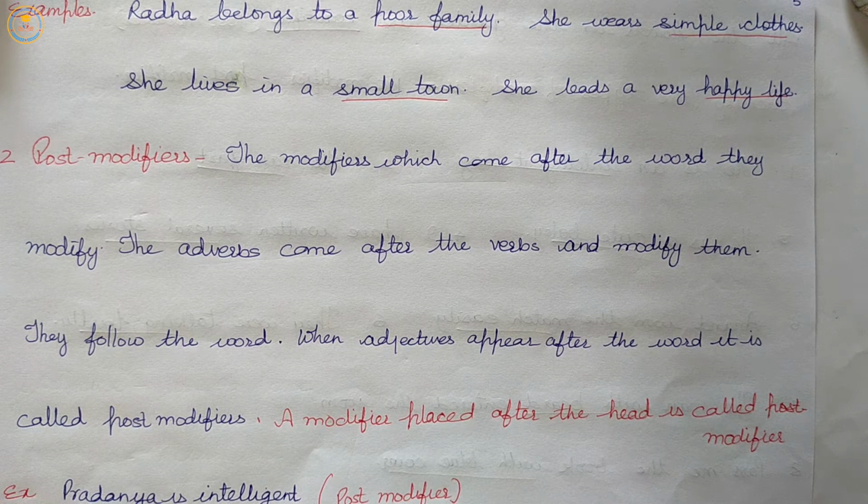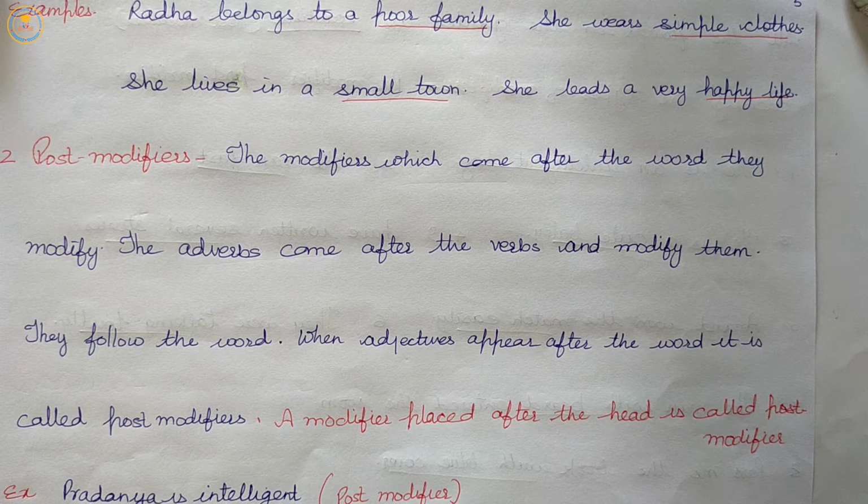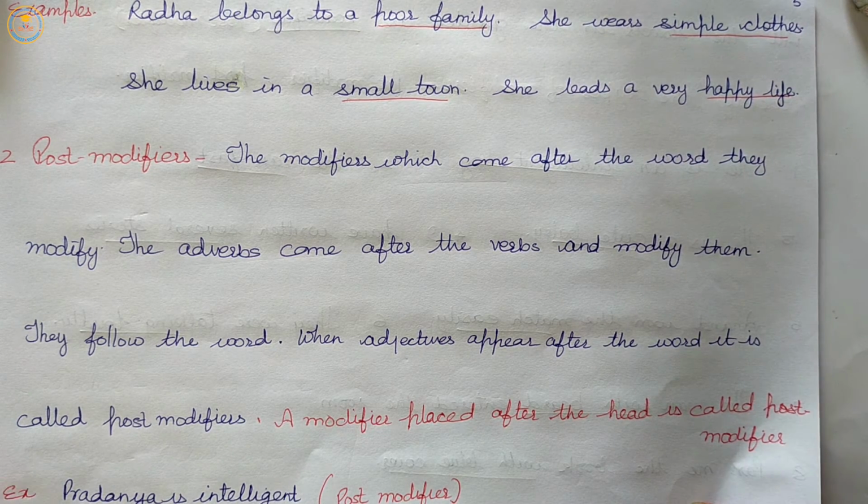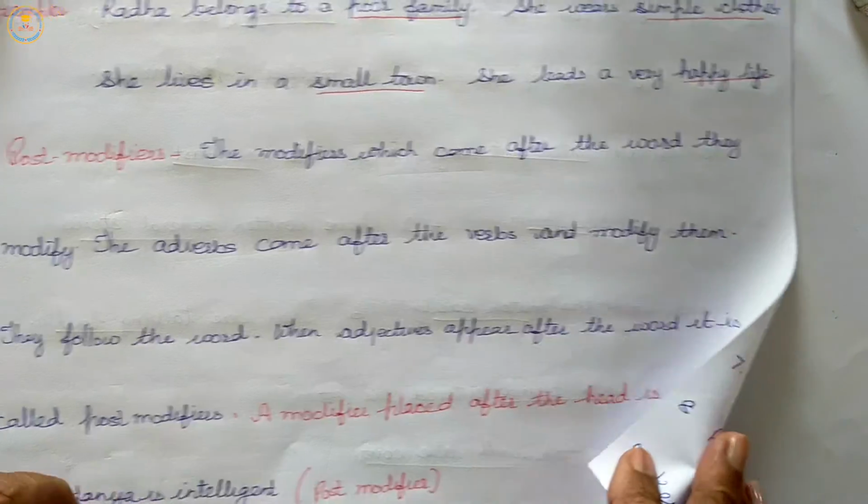So the modifiers which come after the word they modify are known as post modifiers. And the adverbs come after the verbs and modify them. They follow the word also. A post modifier is placed after the head, means after the main word they are modifying.